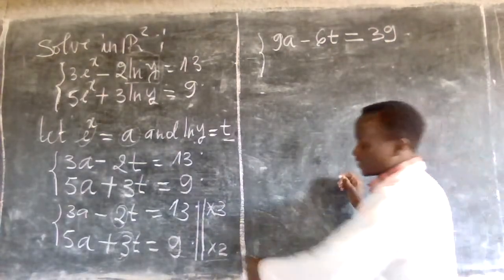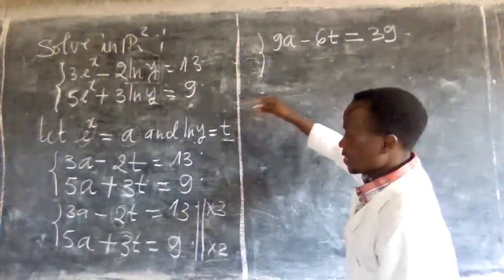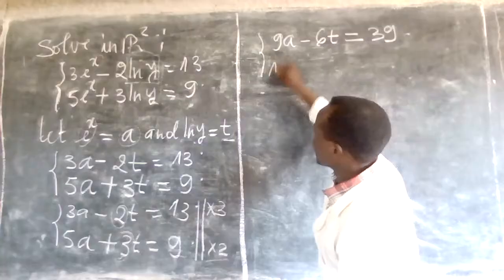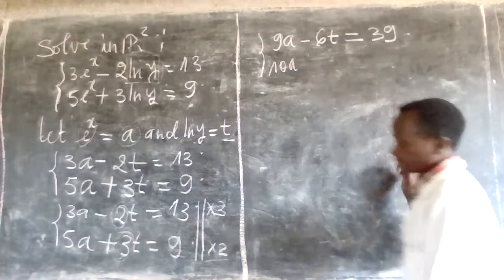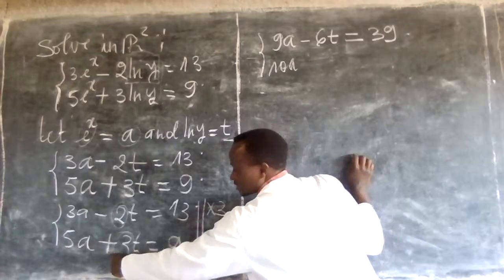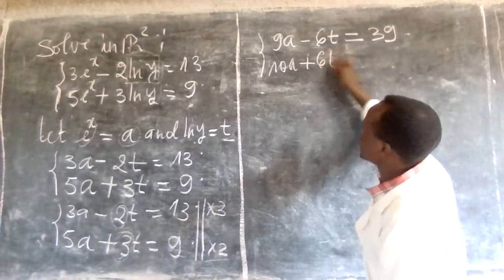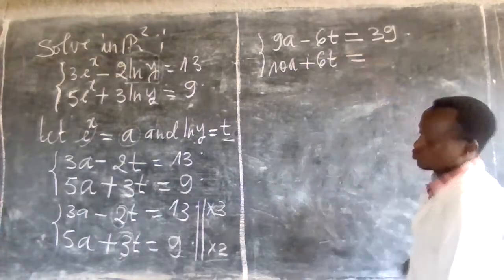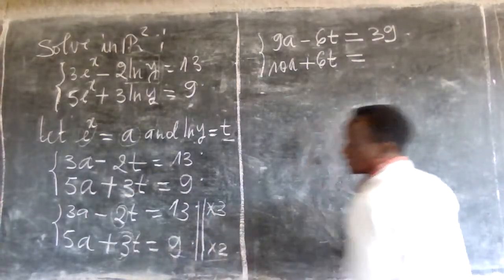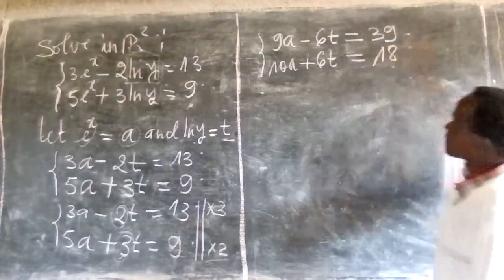Now the second line we have 2 times this 5h, it is equal to 10h. Yes? 3 times this 2 times this plus 2t, it is plus 6t, which is equal to 2 times this 9 is equal to 18.